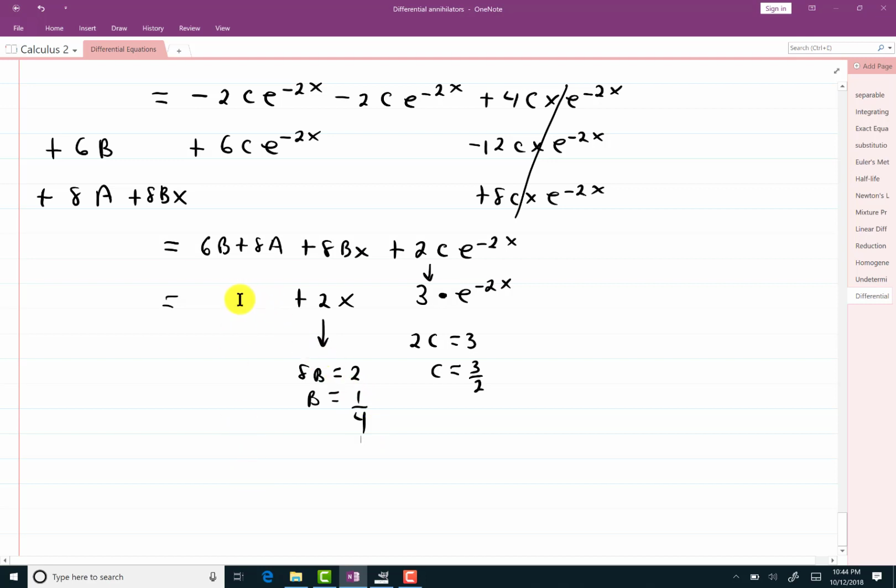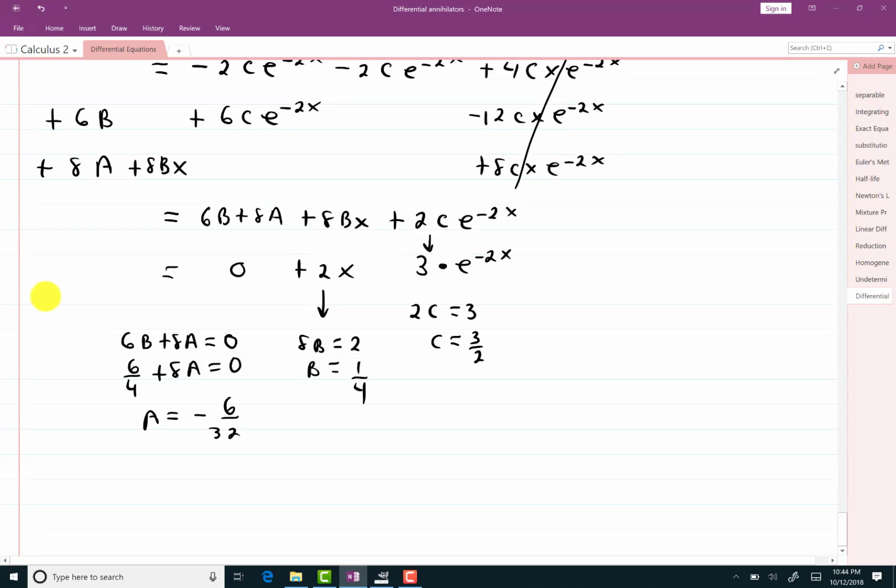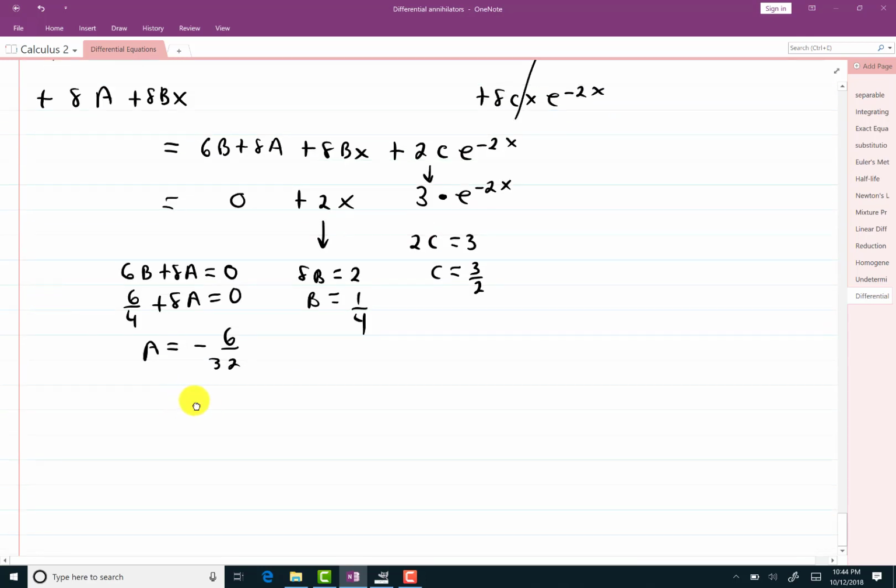And finally, there's a 0 here, so 6b plus 8a equals 0, or my b is 1/4, so I'll get 6/4 plus 8a equals 0, or a equals negative 6/32. In other words, negative 3/16.